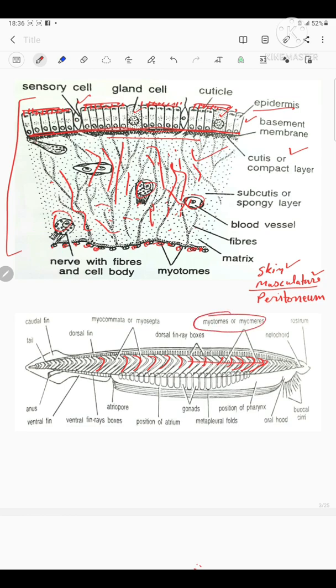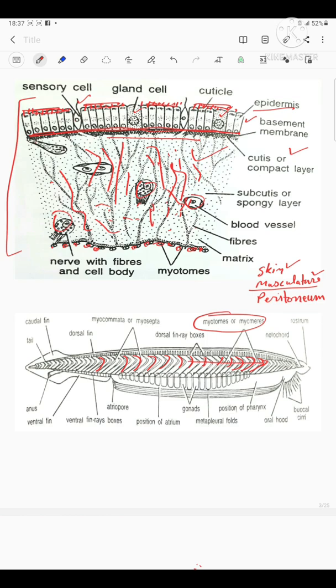These are myotomes or myomeres. In Branchiostoma lanceolatum, there are nearly 60 to 62 myotomes on either side, and they alternate with those of the opposite side.